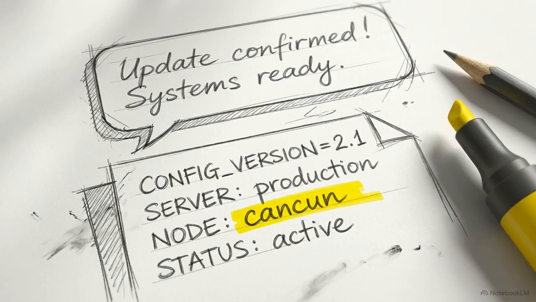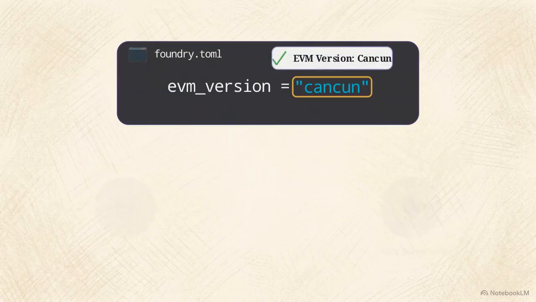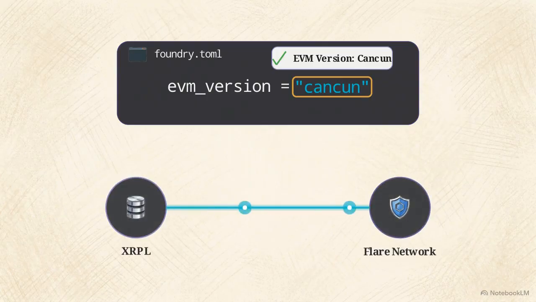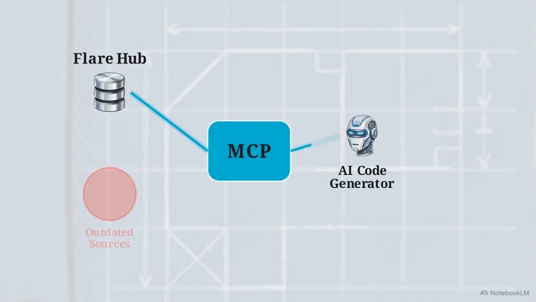Next, specifically instruct the AI to open the foundry.toml file and set the EVM version to Cancun. This step is required because Cancun supports the advanced cryptographic operations needed for cross-chain data verification. By forcing the AI to pull directly from the Flare Developer Hub through the Model Context Protocol, the generated codebase relies on proven protocol mechanics rather than outdated or imagined smart contract structures.